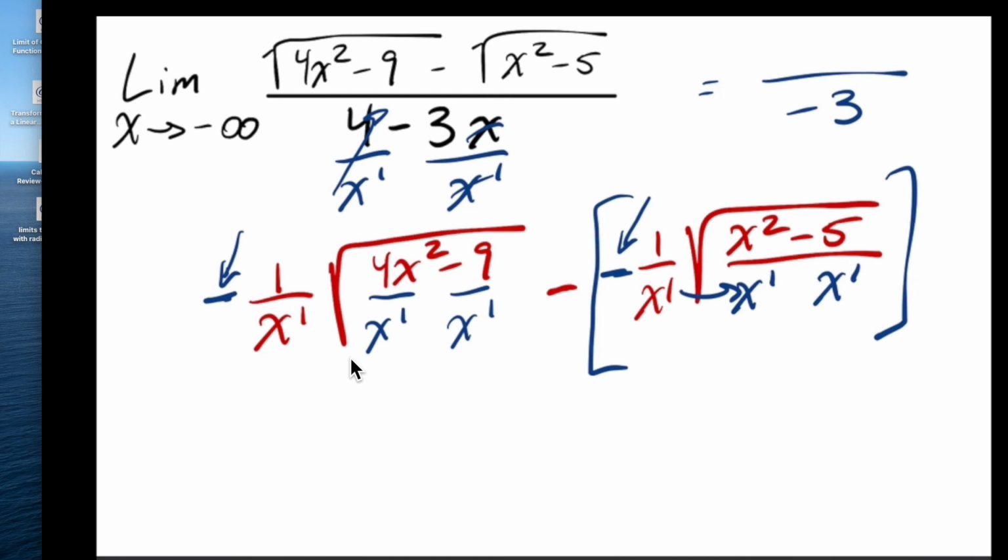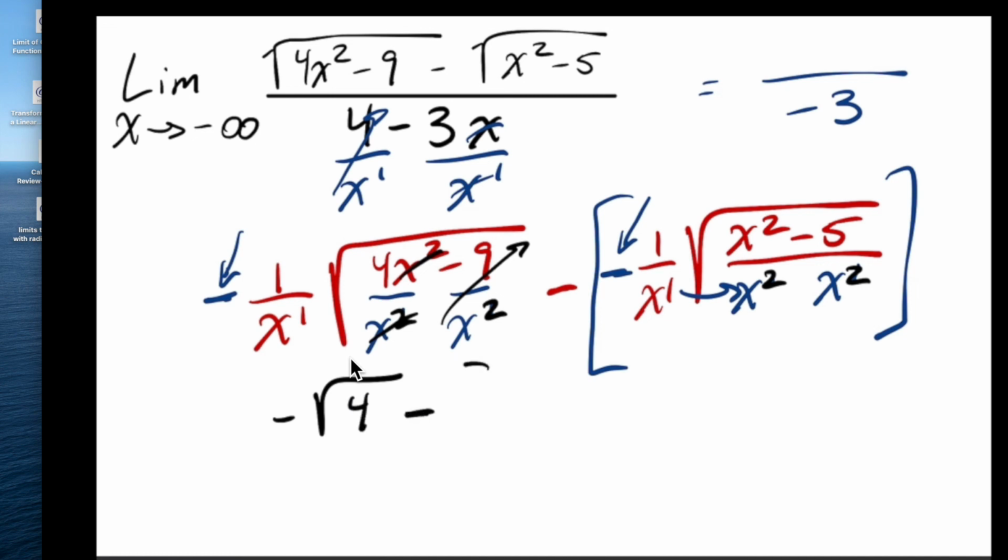Out front, we're going to end up with this being 0. I'm sorry, I should have brought it in as x squared. My apologies. That's going to be 0. This is going to be square root of 4. So we're going to have negative square root of 4 out front.